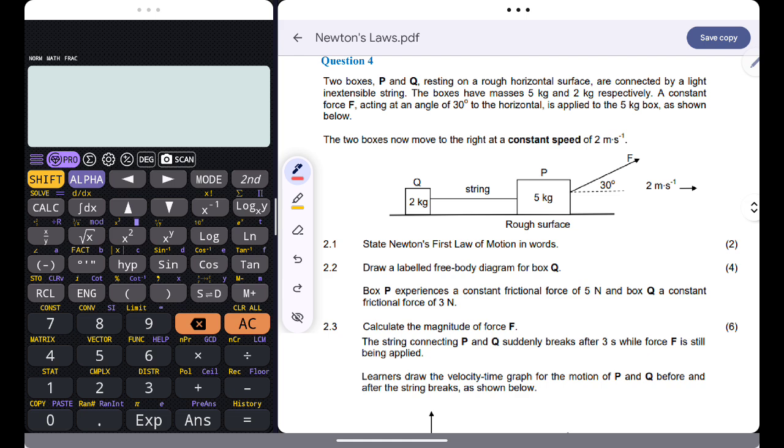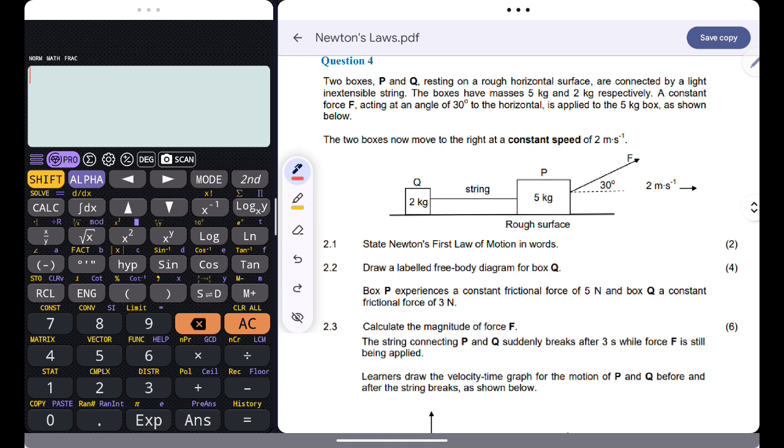We are told that two boxes P and Q resting on a rough horizontal surface are connected by a light inextensible string. The boxes have masses of 5 kg and 2 kg respectively.